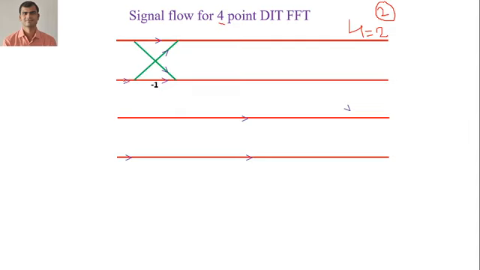Similarly here also it is multiplied with -1 and has a twiddle factor exponent. For the DIT FFT algorithm, this twiddle factor exponent value is always equal to 1. So here it is 1, and here also it is 1. Now this is my first stage.